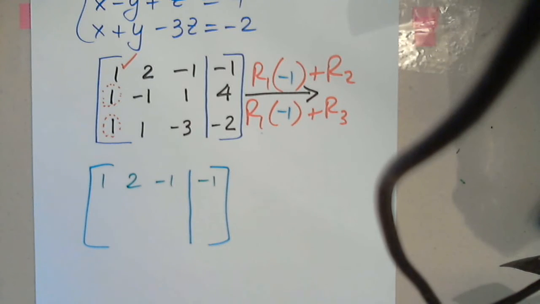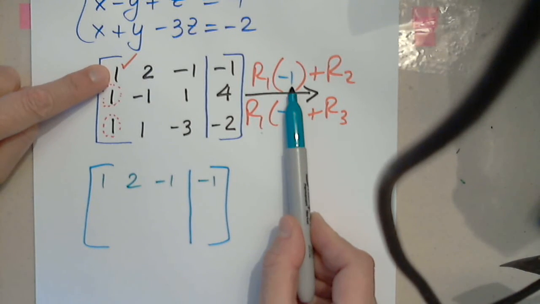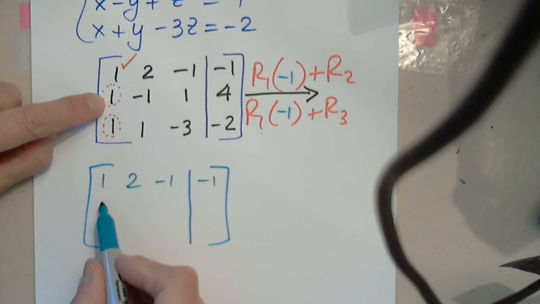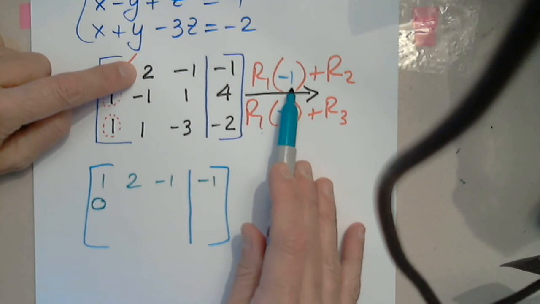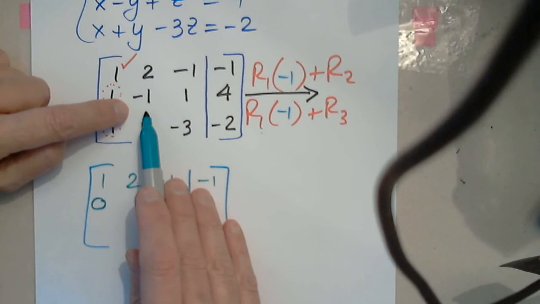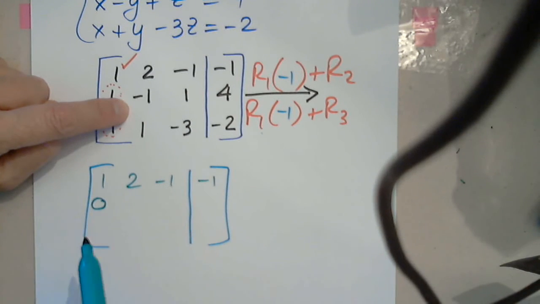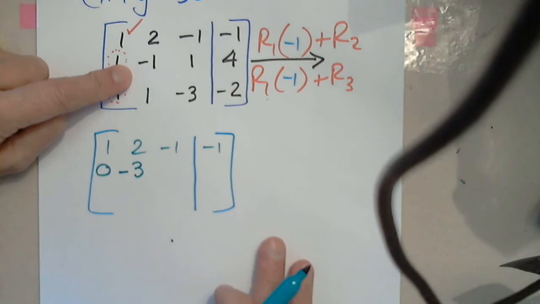1, 2, negative 1, negative 1. So careful. 1 times negative 1 plus 1. 0. Very good. 2 times negative 1 minus 1. Negative 3. Very good. Is that clear?